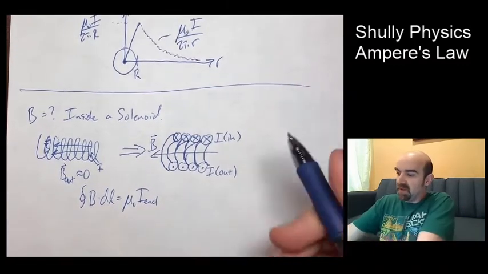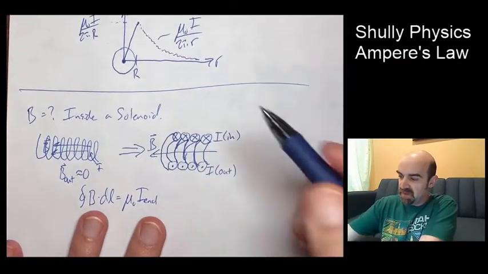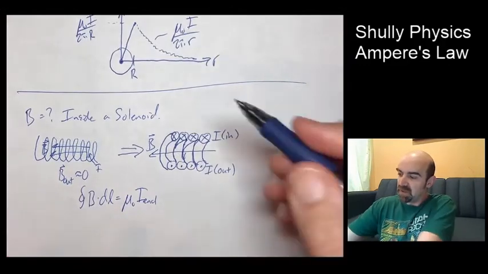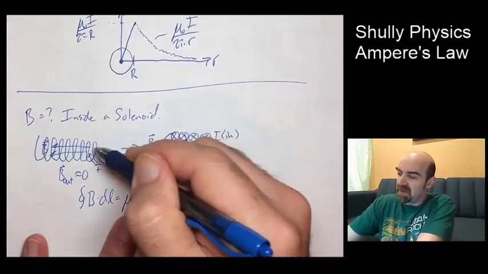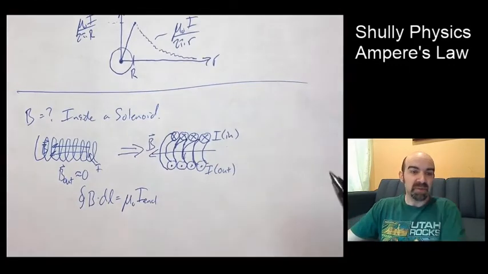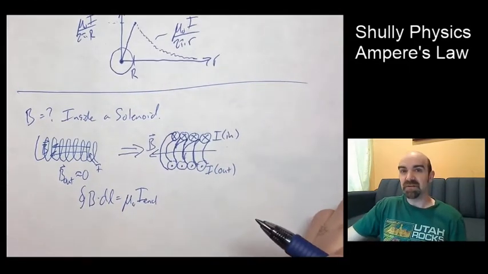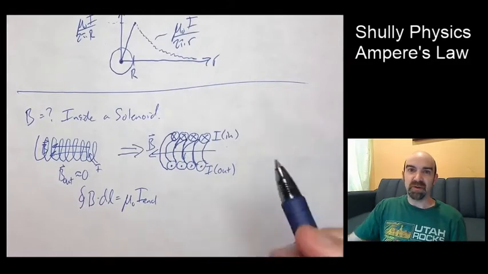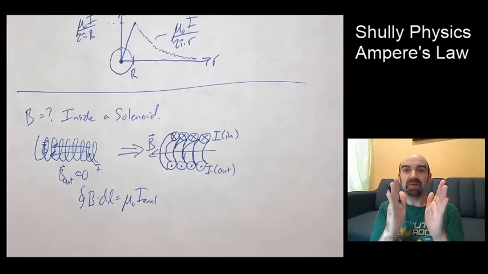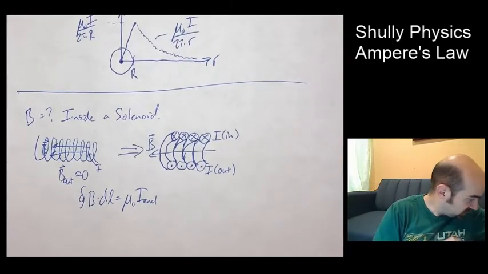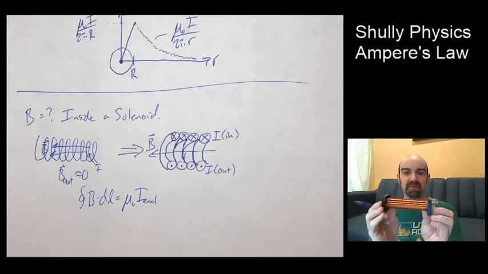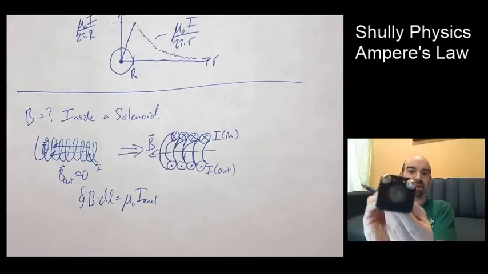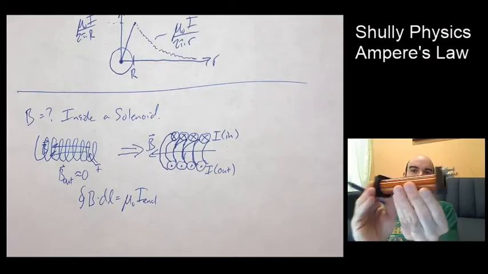All right, so my segment here, I'm going to take my loop. And also keep in mind that these coils continue going out to the left and coils continue going out to the right. There are always fringe effects to things like solenoids, but right in the center, the main component of the solenoid, they're always going to have a nice consistent magnetic field. So here's an actual solenoid. It's got an empty spot in the middle.